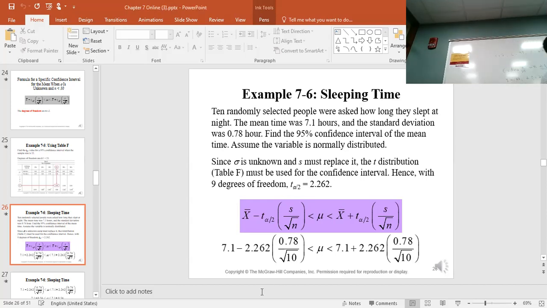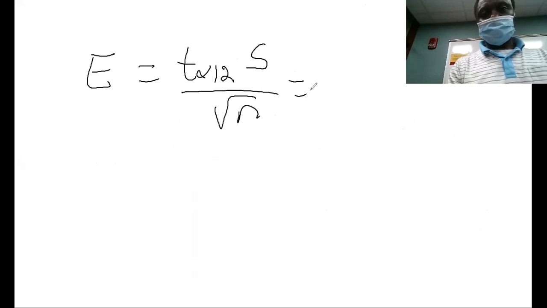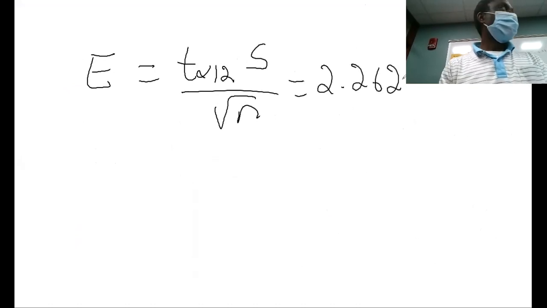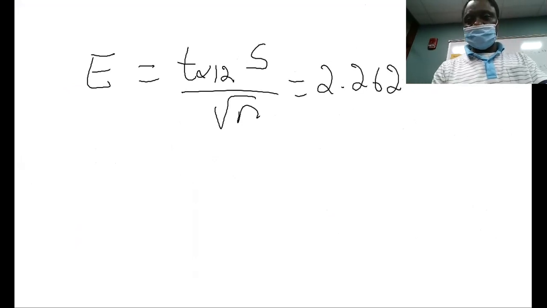So we have C alpha over 2 equals 2.262. You fit it into the equation as we did before to find E. So here, E equals T alpha over 2 times S over square root of n, which is 2.262, S was 0.78, over root of 10.